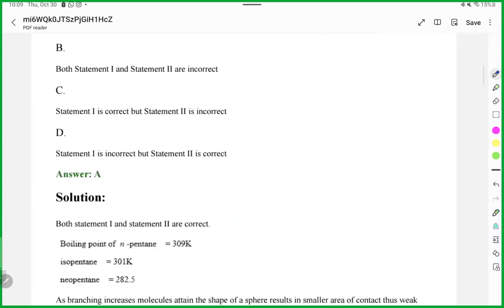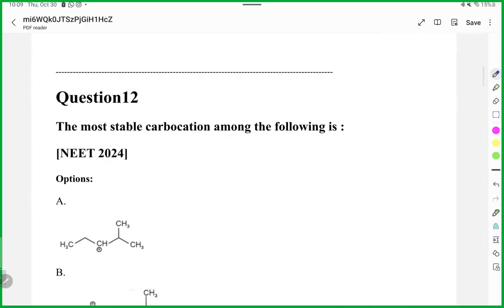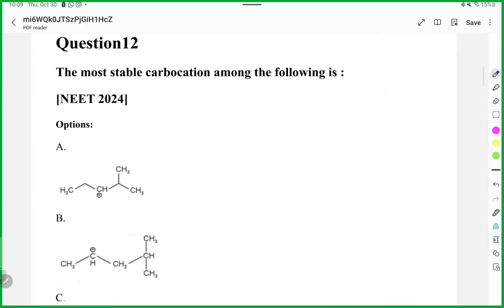Next, Pratigya, most stable carbocation. Again, same type of question.